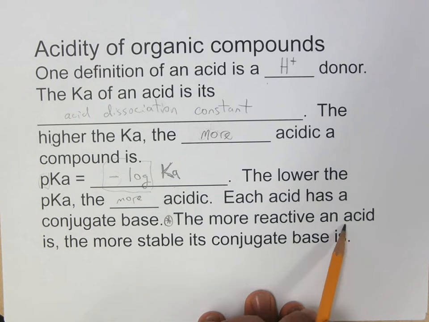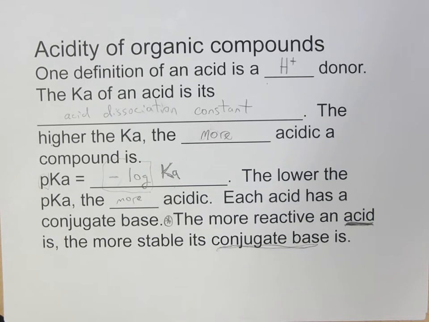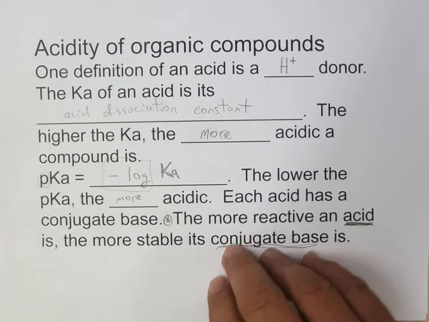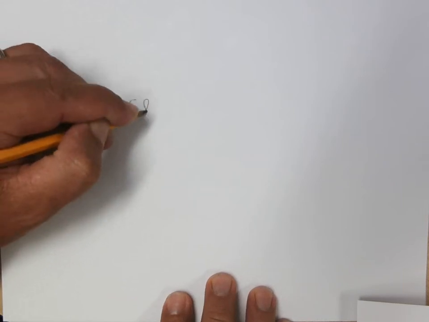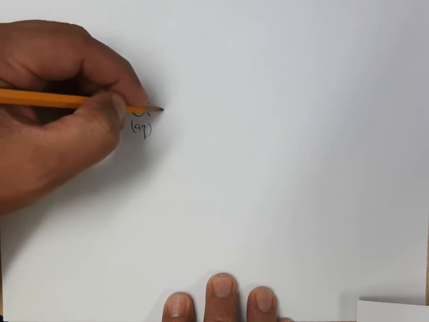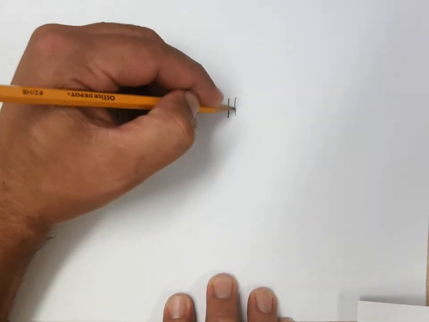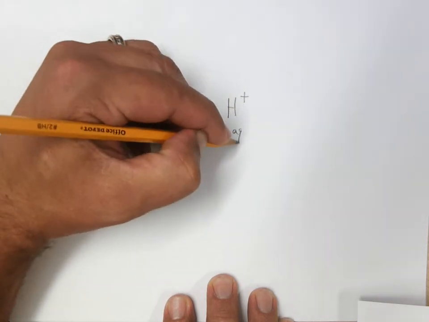So if an acid really wants to give up an H+, then the part of the acid that becomes the conjugate base does not want the H+ back. So that's something that I can summarize with an example. Hydrochloric acid is a very strong acid. Most people know it fully dissociates in water. And I'm going to write this sort of in its most simple form.